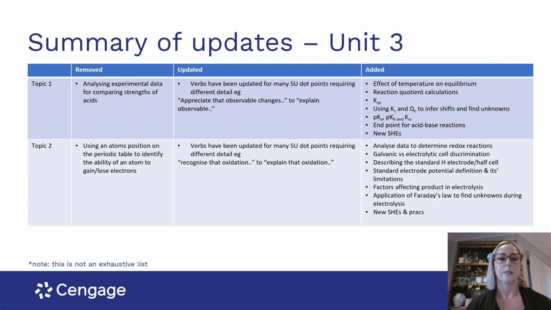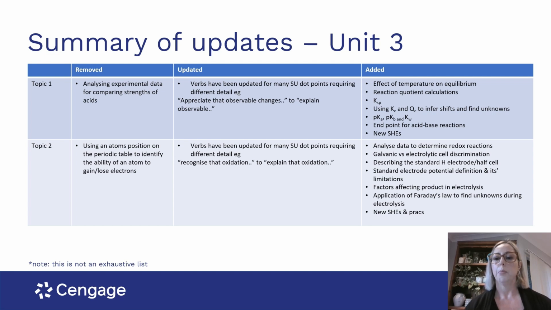There are also some updated science as a human endeavour topics. Then in Topic 2 within Unit 3, again, they removed some verbs that were difficult to decide what students actually needed to do, and changed that to the verb explain. In this topic, the students need to analyse data for redox reactions.